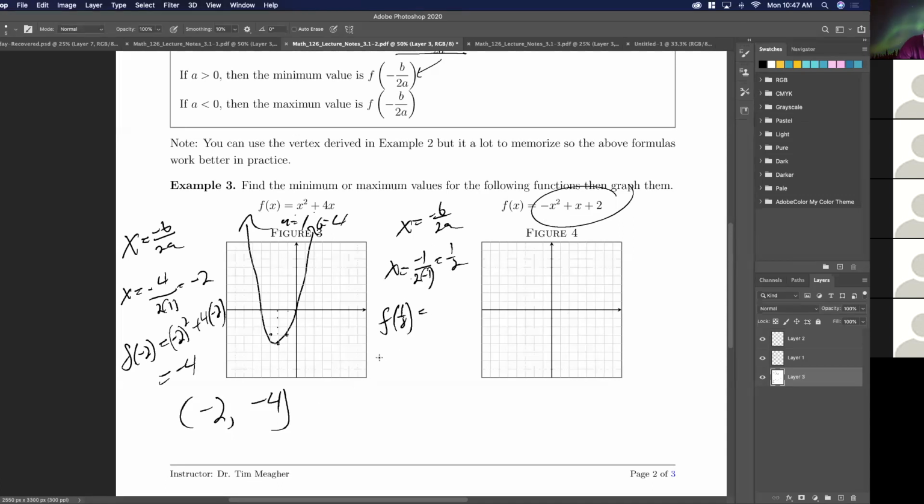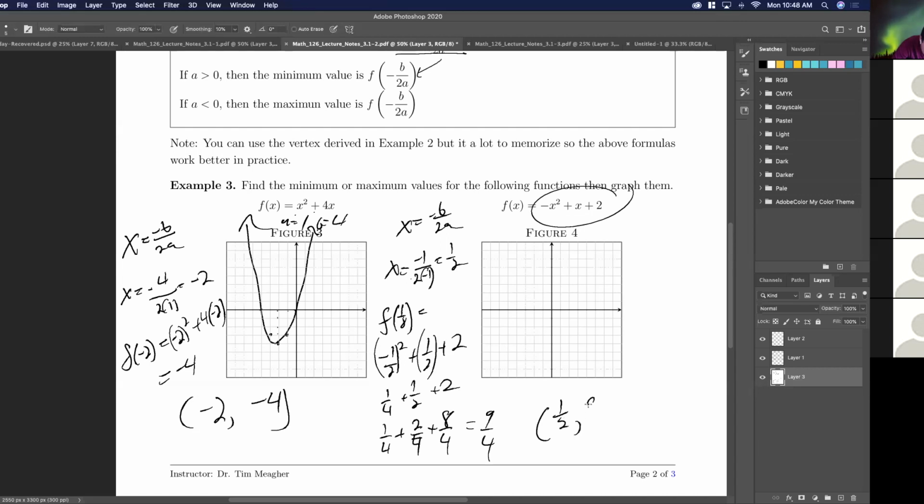So here I'll have minus 1 times a half squared plus a half plus 2. That gives me a fourth plus a half plus 2, which is the same thing as a fourth plus 2 fourths plus 8 fourths. So it gives me 9 fourths. Not super nice and clean, but here I have my vertex at a half and 9 fourths.